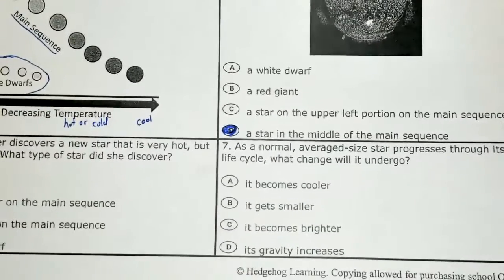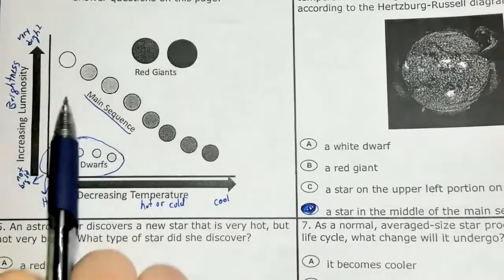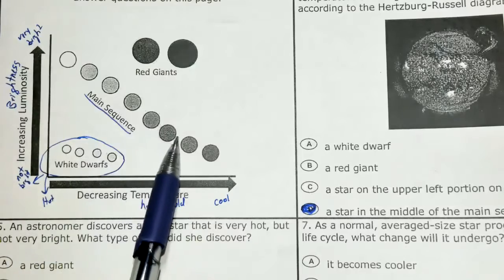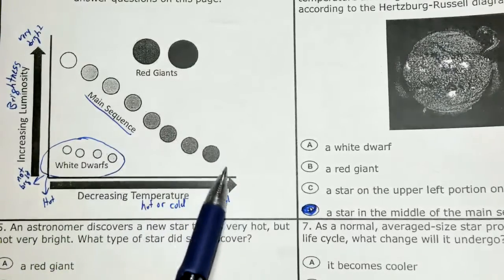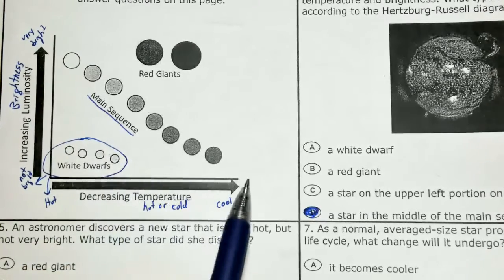Number 7, as a normal average size star progresses through its life cycle, what changes will it undergo? Well, just look at your chart, and you can remember from our studies, but if you look at your chart, it'll just keep getting less bright as you continue. It'll also cool down as you continue.